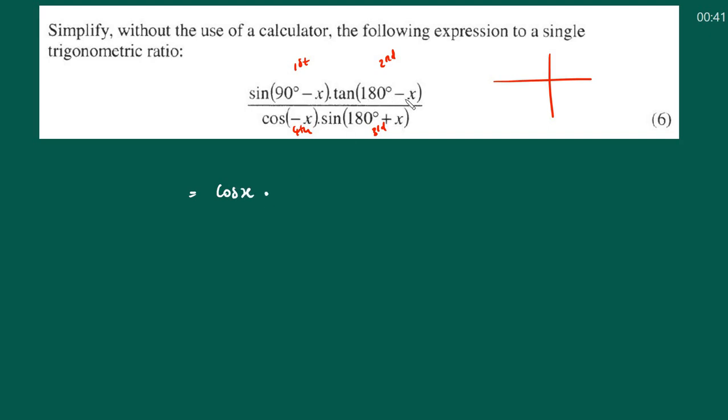Then tan of 180 minus, in the second quadrant tan is negative, so we have negative tan x. Cos of negative x, in the fourth quadrant cos is positive, so we have cos x. Then sine of 180 plus, in the third quadrant sine is negative, so we have negative sine x.